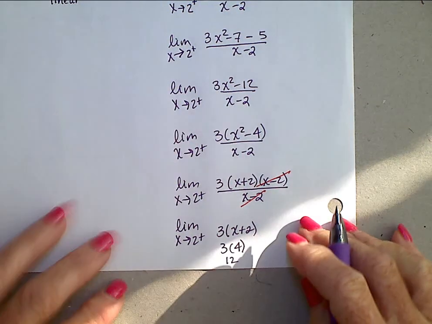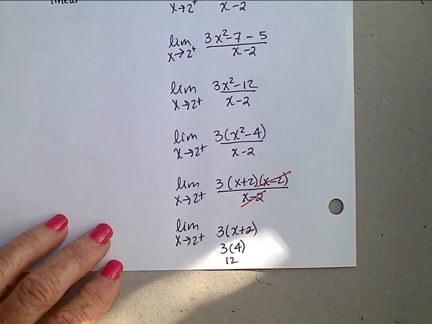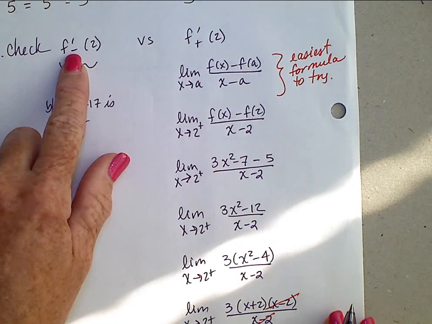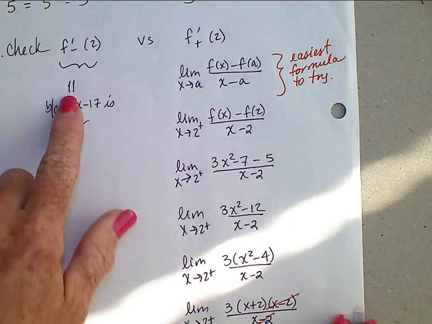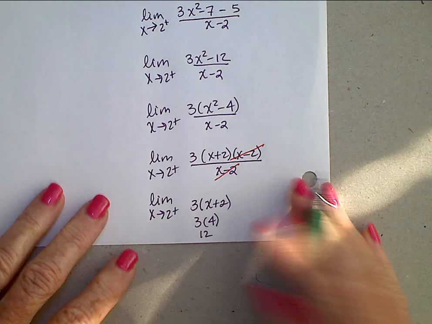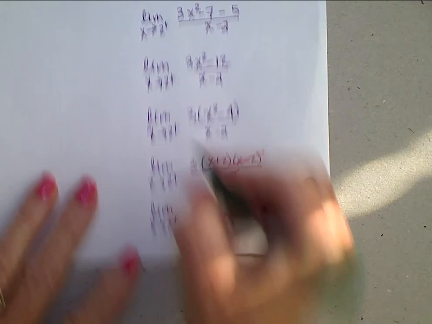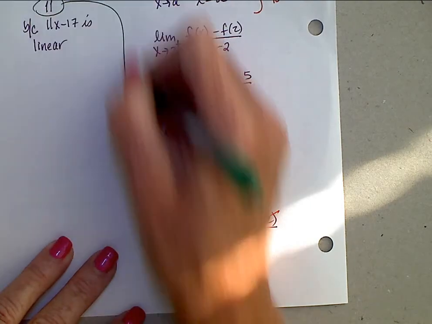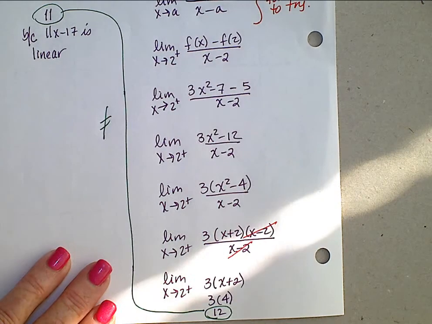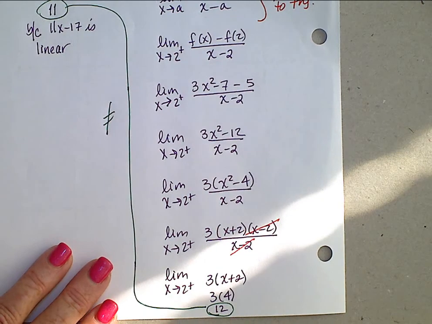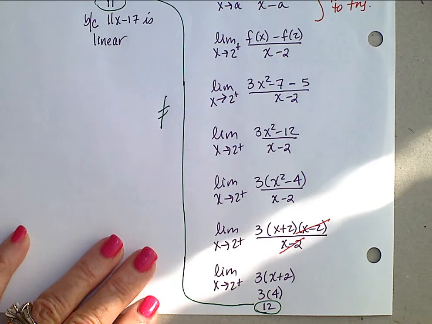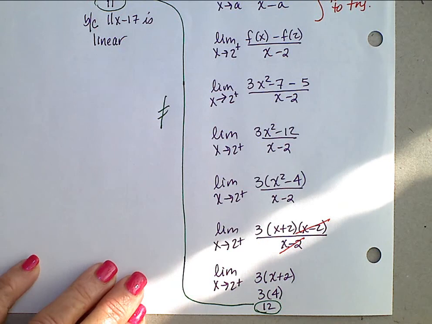Now what did we just find with all of this? The slope of the tangent line from the left side of 2 is 11. The slope of the tangent line from the right side of 2 is 12. These are not equal to each other. So the function is continuous, but the slope of the tangent from the left does not equal the slope of the tangent from the right.